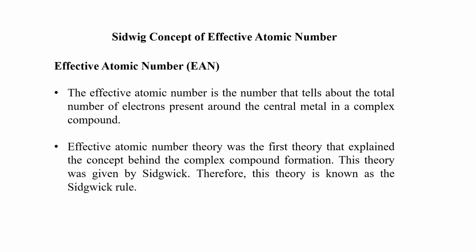So every metal ion has its own EAN. If the effective atomic number is satisfied, that is, the number of electrons around the central metal ion is obeyed or present as the effective atomic number, then the complex will get more stability. The effective atomic number theory was the first theory that explained the concept behind complex compound formation, and this theory was given by Sidgwick.